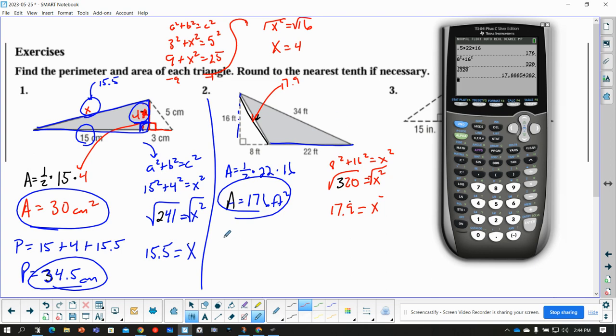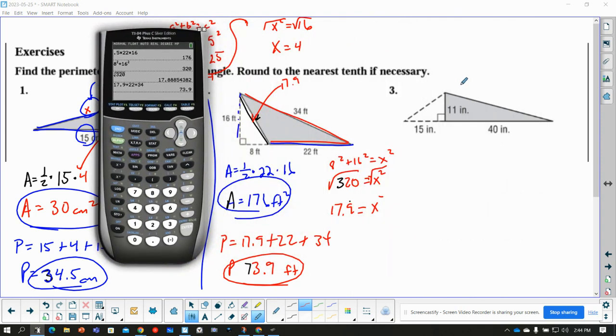So now I can find the perimeter. 17.9 plus this 22 plus this 34. So let's add all those up. 17.9 plus 22 plus 34 equals 73.9 in feet. So there's my perimeter, there's my area for that one.